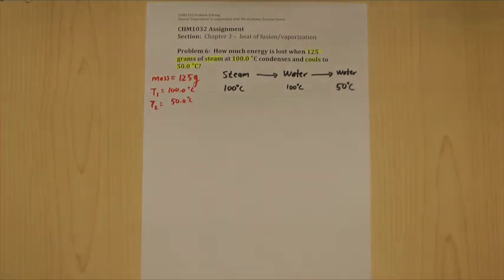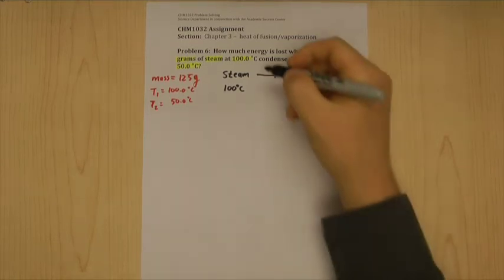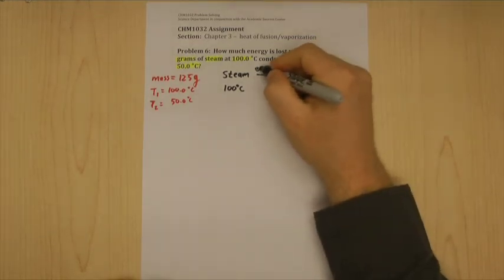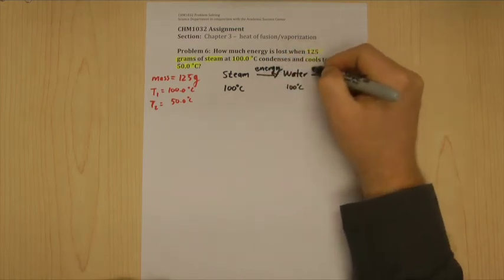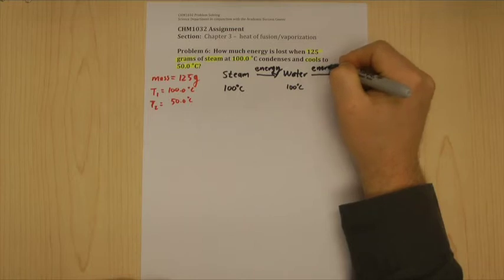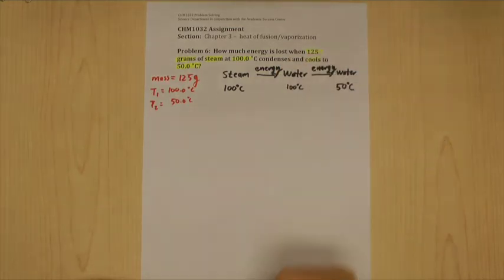Oh, wait now. This is a two-step question. We first have to know the heat or the energy here and here. There's energy in two steps, and the energy is different for both.